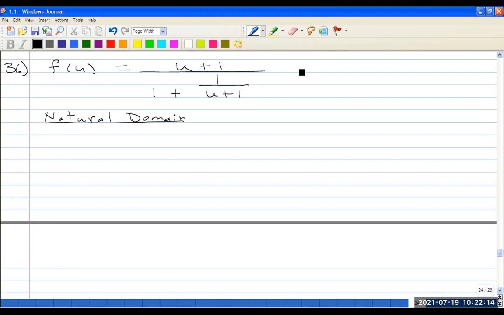So we have to make an assumption that the natural domain is the largest possible domain which gives us a real valued function. So the natural domain is the largest possible domain.